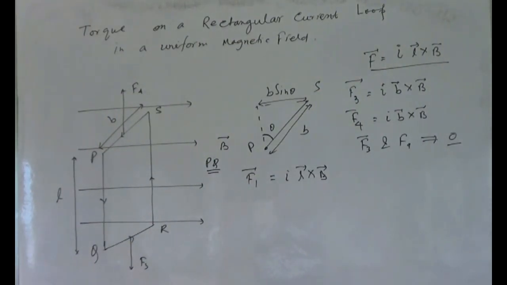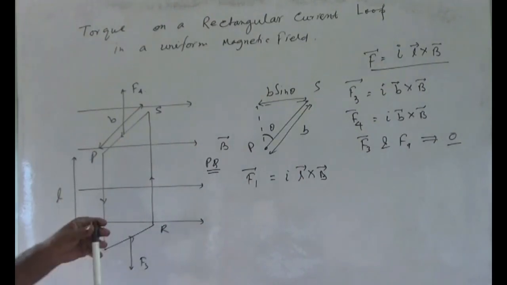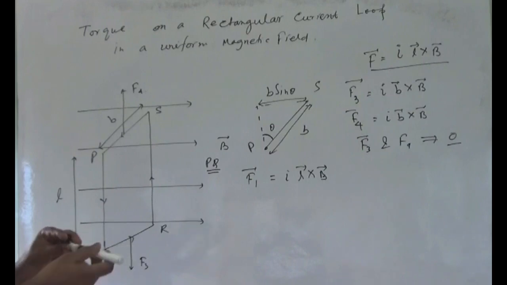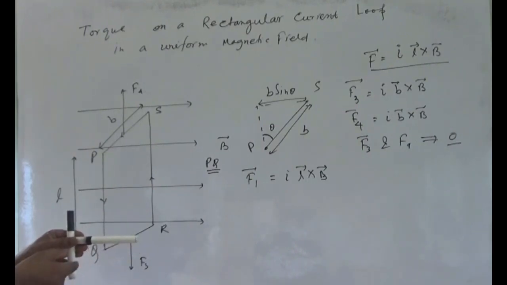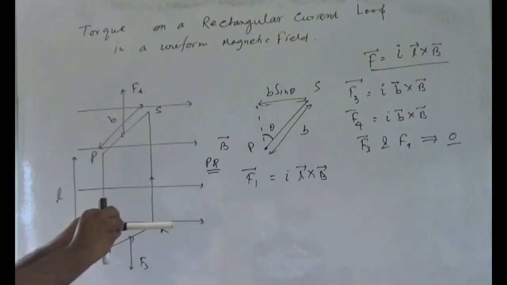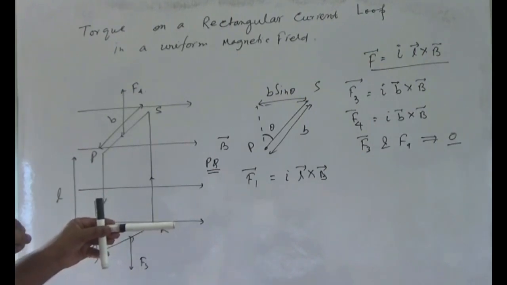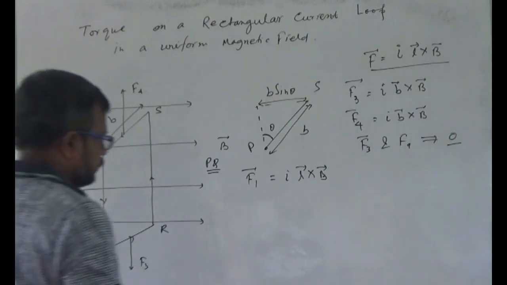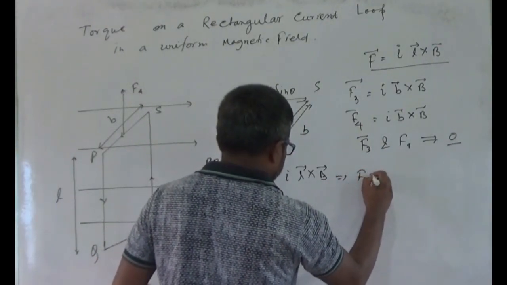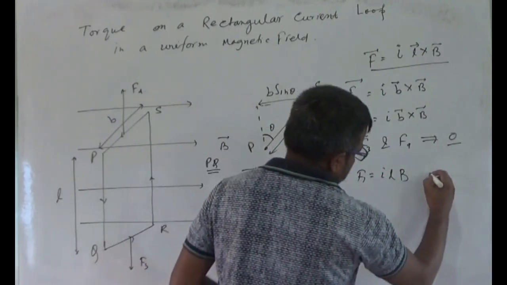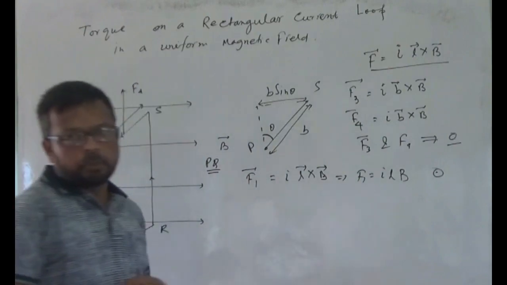See here, this is the IL and this is B. Both are perpendicular. IL cross B, you rotate it anti-clockwise, and it will come out of the board. Therefore, the magnitude of this force F1 is equal to ILB, and it is perpendicularly out of the board.